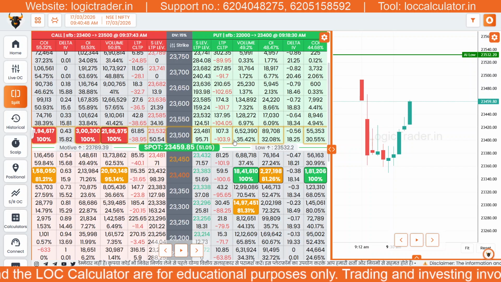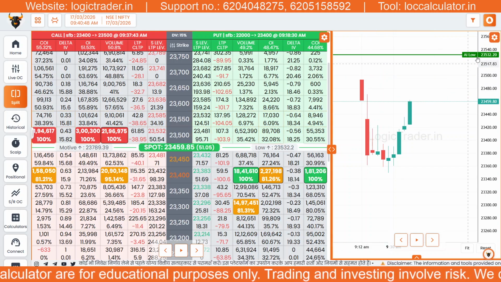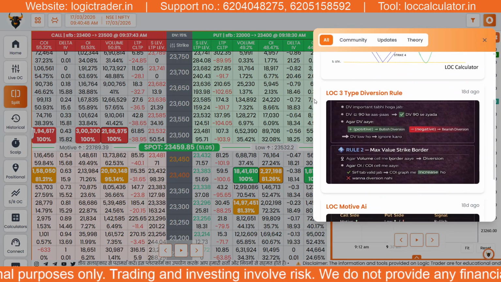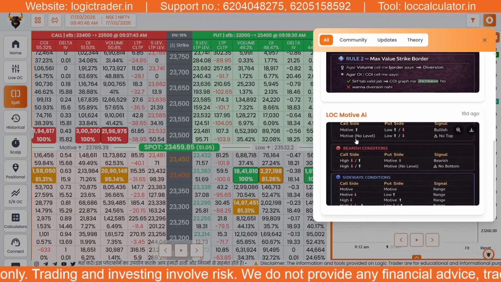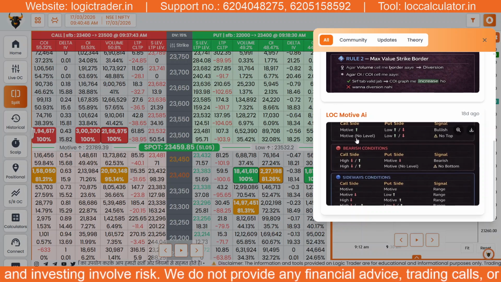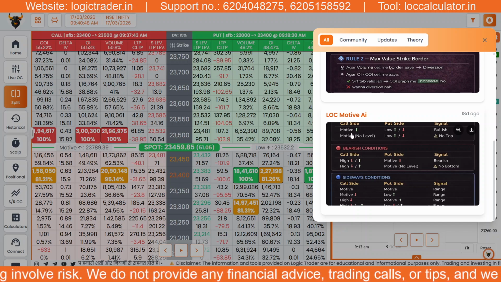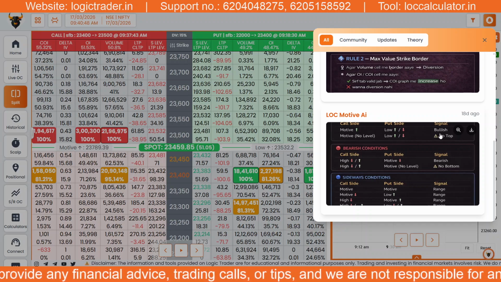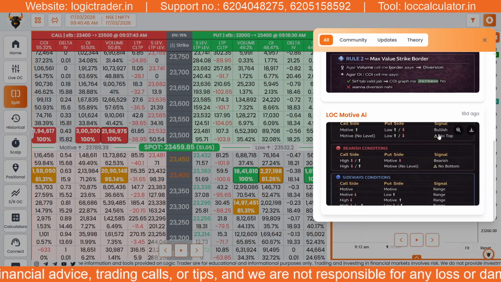Again to confirm this, we can refer to the Motive AI scenario in the notification panel. Here in the bullish condition, the first scenario is motive with an upward arrow and low with an upward arrow. The signal indicates the bullish condition.